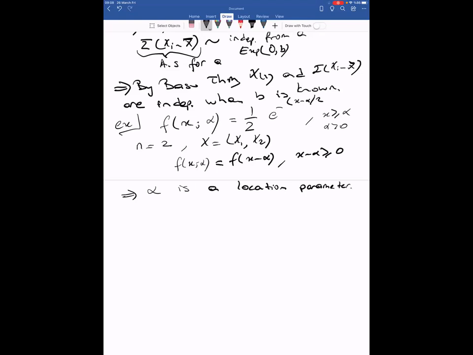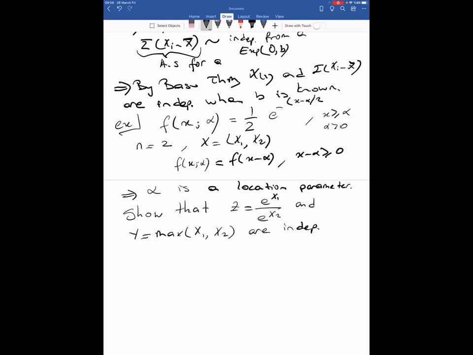Here our basic question is, show that Z equals e to the x1 over e to the x2, and Y equals the maximum of x1 and x2 are independent. So we need to show that.